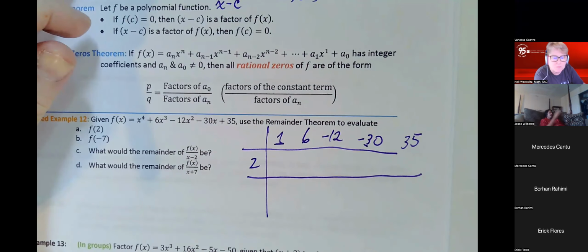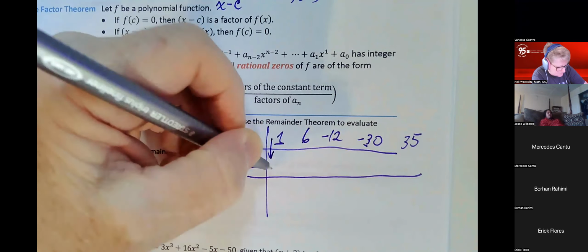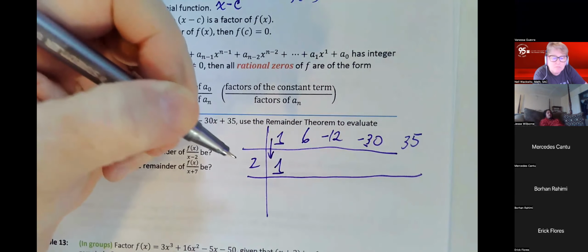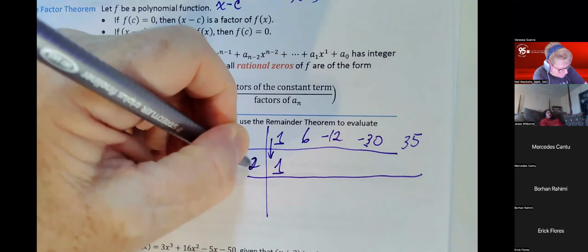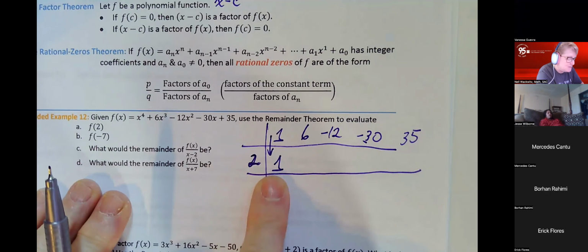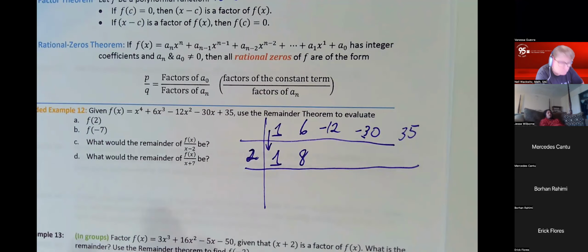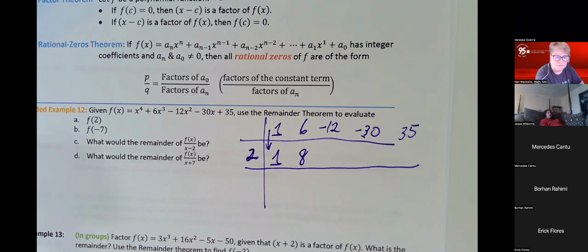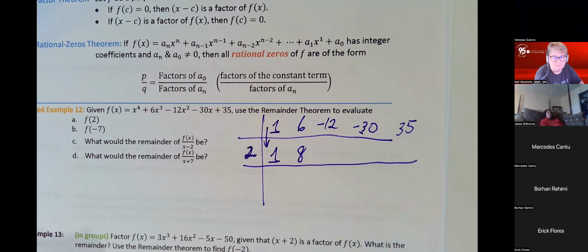And for the column with 2, it would be 1 to begin with. And then 6, 2. Oh, it would be 8 because it adds. Yes. 2 times 1 is 2, plus 6 is 8. Very good. And then you multiply 2 times 8 to get 16, and then add the negative 12, which leaves 4. So 16 minus 12 is 4.